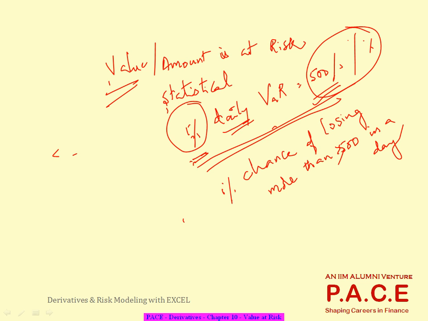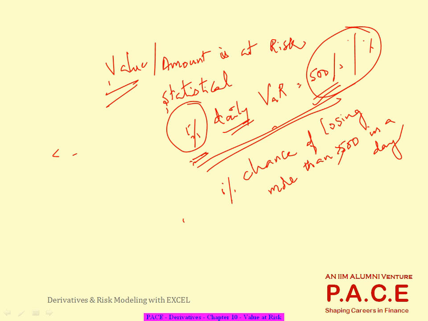99% of the cases. So if I try to extrapolate it a little bit, for every 100 days of data I look at, 1 day's data may have a loss of more than 500, but 99 days it would be less than 500 itself. So this VAR is more like a measure.